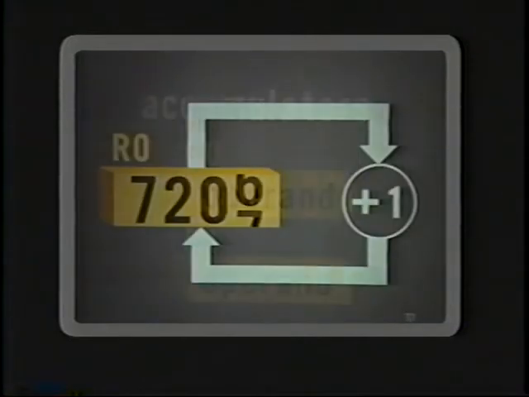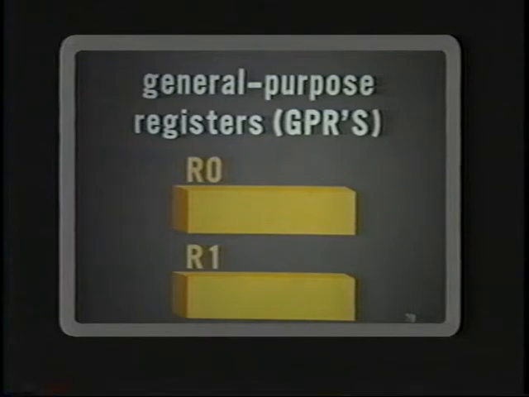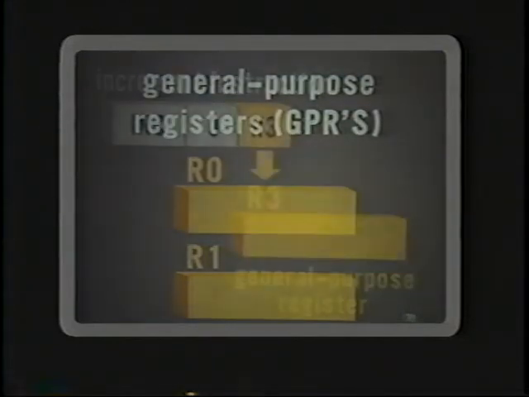When these registers are used as accumulators, the processor could be directed to increment an operand held in one of the registers, or to add the operand in one register to a second operand in another register. The sum is usually retained in the second register. When these registers are used for other functions in addition to addressing, they are called general-purpose registers, or GPRs.